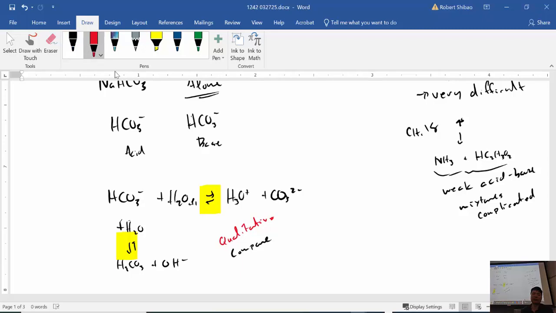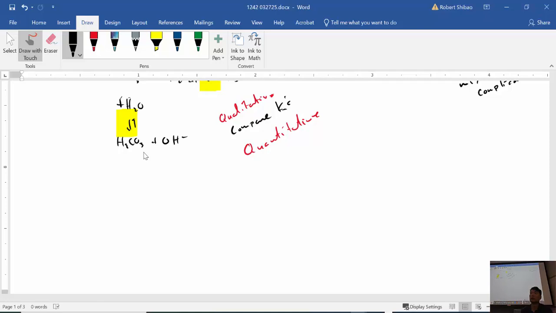And the Ka is bigger. Quantitatively, how would we do it? So here we just compare the Ks. Quantitative, we have to do what? Do you know what we have to do if I want quantitative?